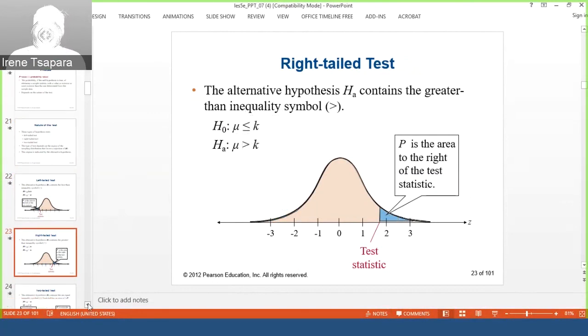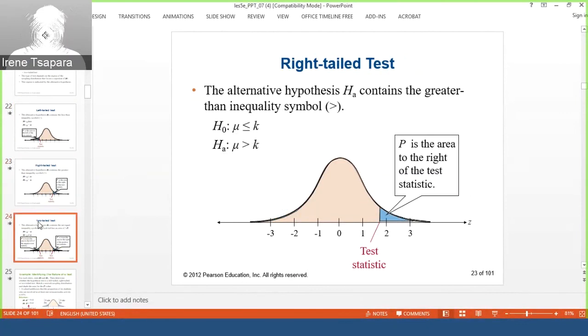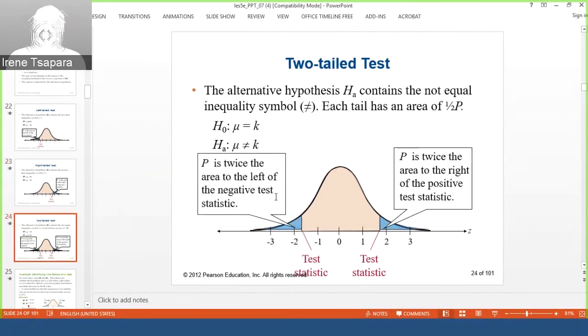Now, coming to a different question, if you have a two-tail test, with different than K as your alternative hypothesis, then this means that your rejection areas are going to be split left and right of the entire bell curve. So you will have two rejection areas. Half will be on the left tail and half will be on the right tail. Half of what?